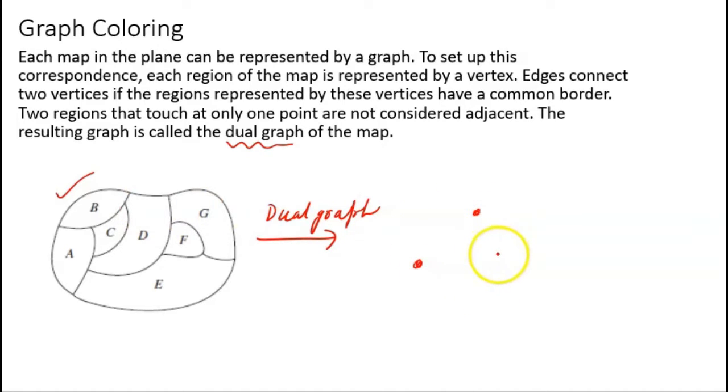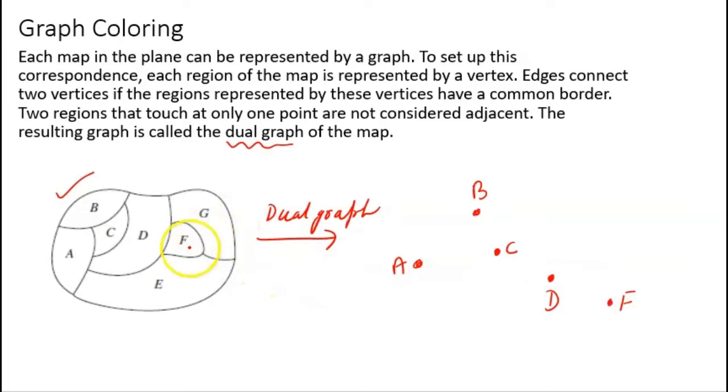We have the region C, so I take the vertex C here. We have the region D, so I take the vertex D here. Let me name it, otherwise we will forget. So this is the vertex A, this is the vertex B, this is the vertex C, this is the vertex D. And we have the region F, so let us take F over here, right?